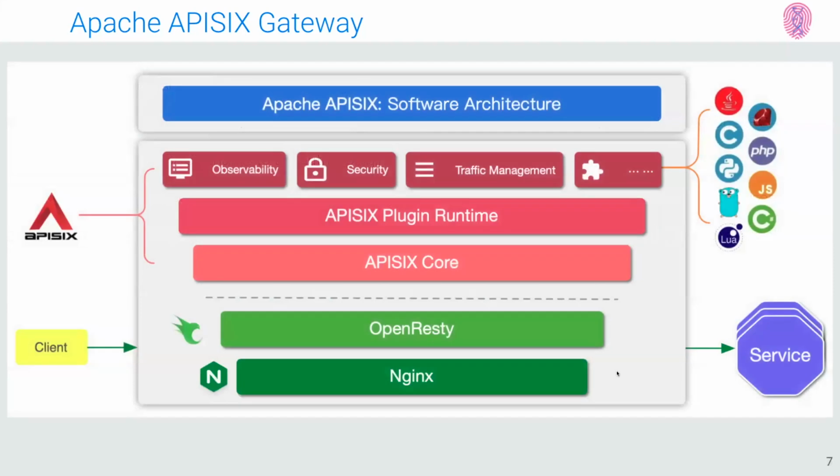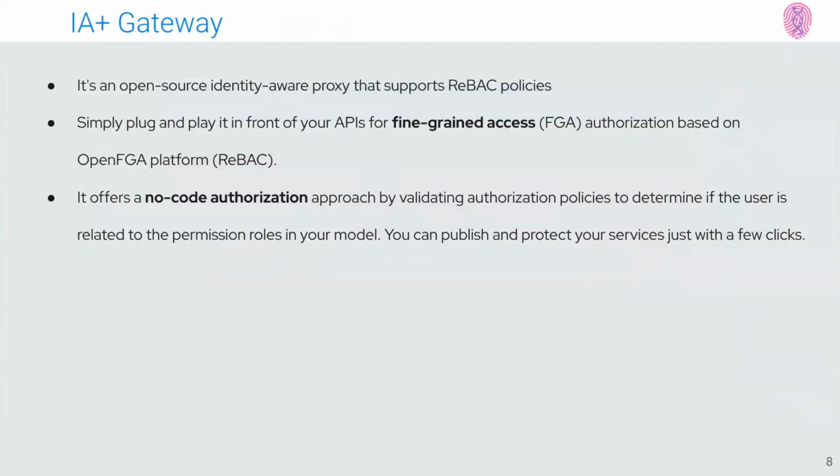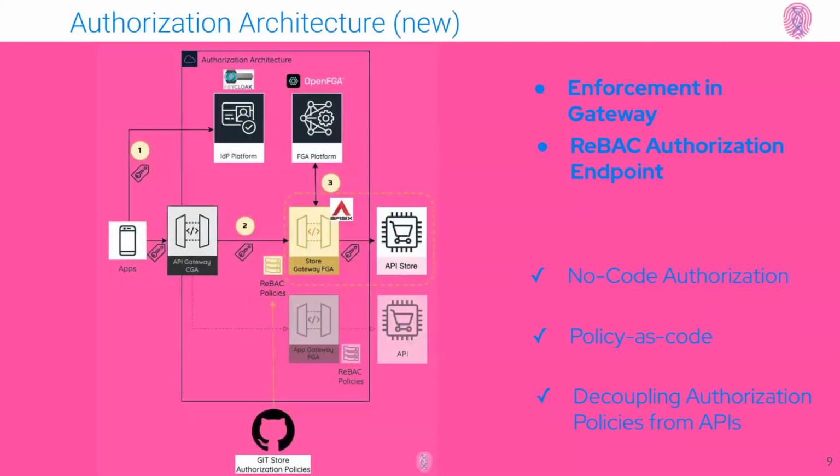Here is a little bit more about the product. I'm going to go quickly over the new architecture. I'm still using the identity provider for delegating authentication based on identity standards, with OpenID Connect and OAuth 2.